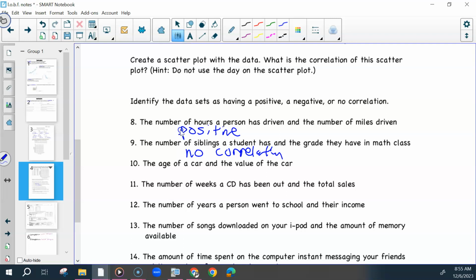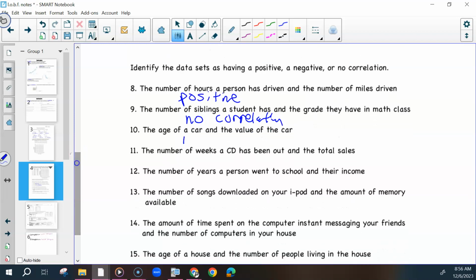The age of a car and the value of a car. Negative. That one is actually negative. The older a car is, well, that depends. But like if I have a 2018, the value goes down every year. It depreciates. But if you get like a 2023, then the value is higher.